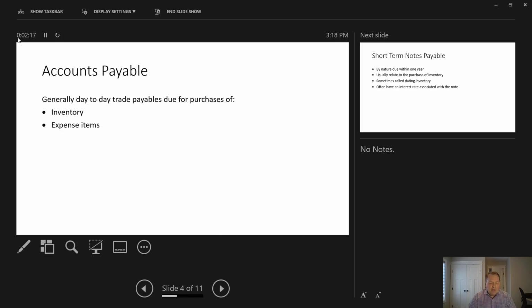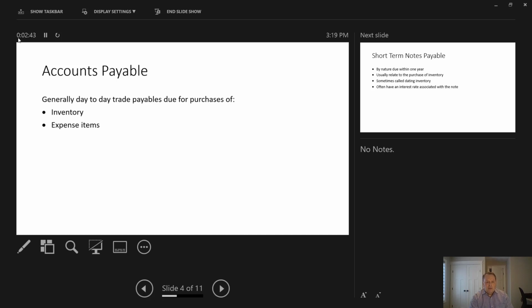Now, you already know about accounts payable. You saw that when you were buying inventory on account. So if you were buying some merchandise for resale, your entry would have been to debit inventory, credit accounts payable. And so that's a pretty normal entry. You're going to see that a lot. Or you'll see the purchase of something. For example, you might buy some office supplies on account.